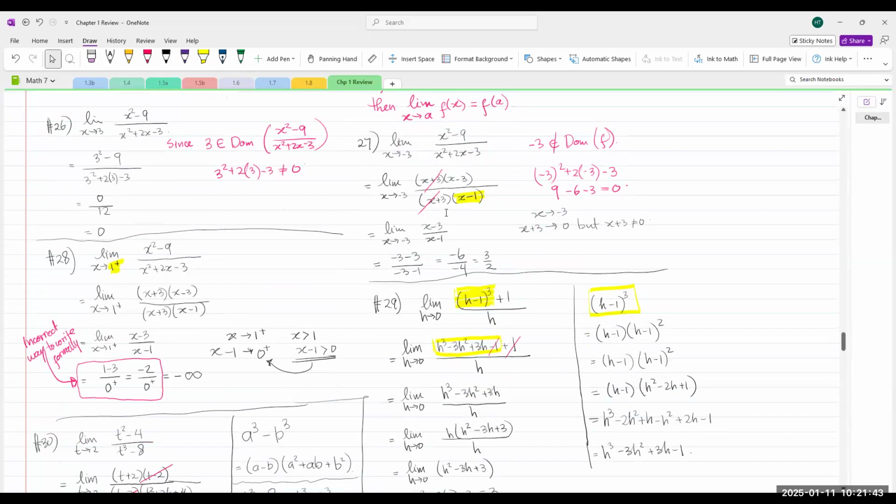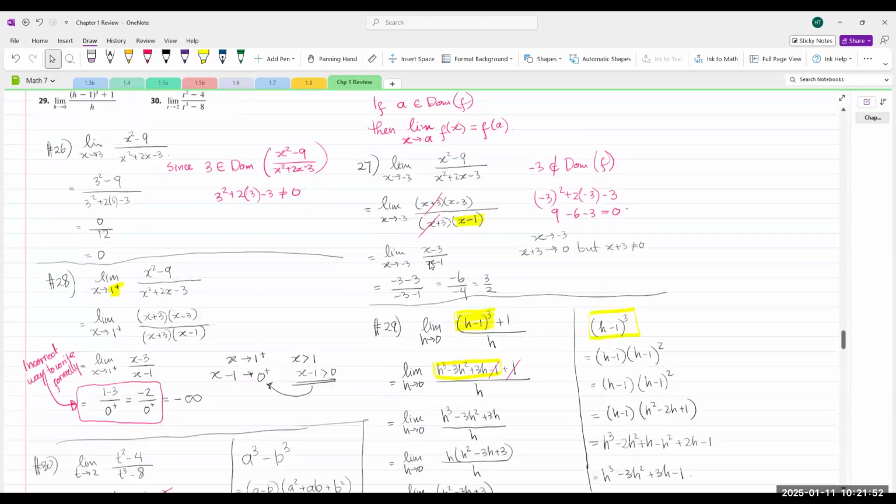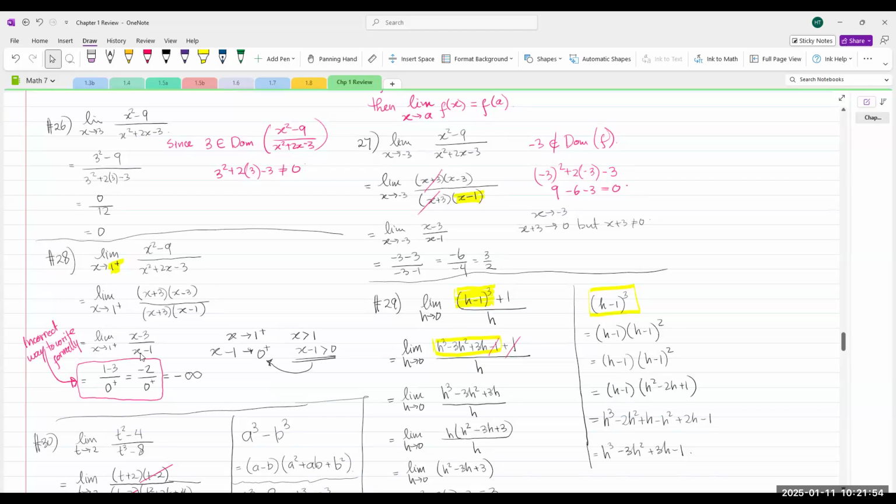After you simplify that, then you see that negative 3 is in the domain. Then you can plug it in. Number 28, however, even after we simplify that, it's still not in the domain.